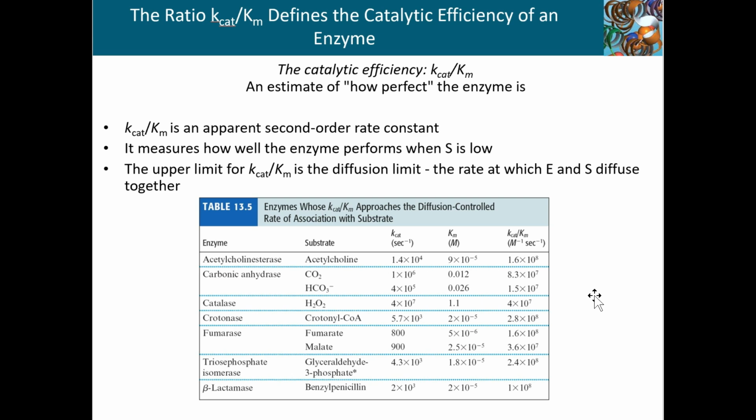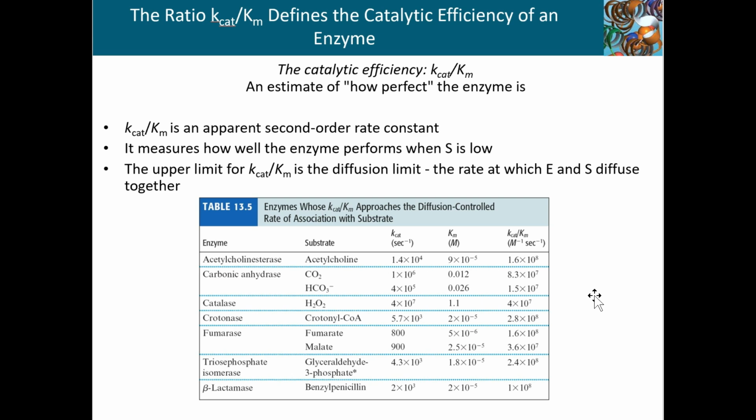What this is interesting is because it gives us insight into how well an enzyme performs when substrate concentration is low, because you can always overwhelm an enzyme with a substrate and make a reaction happen. But if biologically we have low abundance of a substrate, we don't want to store it up necessarily because that takes a lot of energy. How do we make an enzyme function, or how can we evaluate an enzyme's function under low substrate concentrations? This is really a perfect way to look at it.